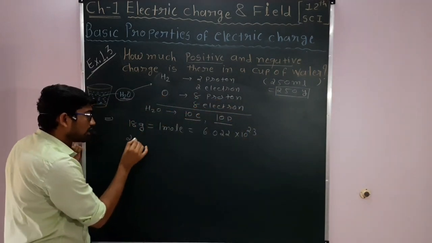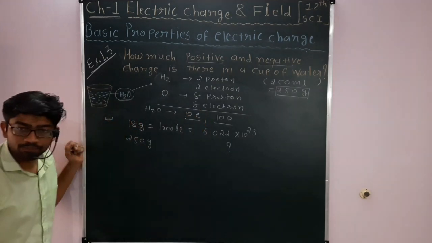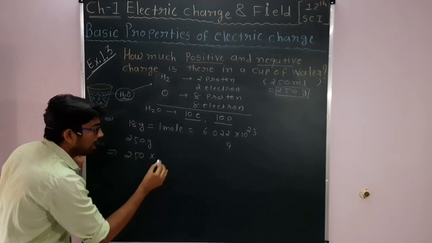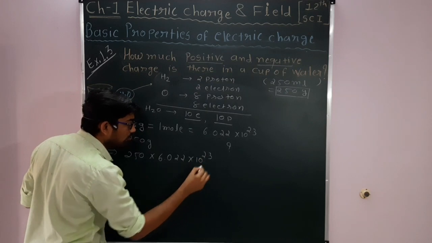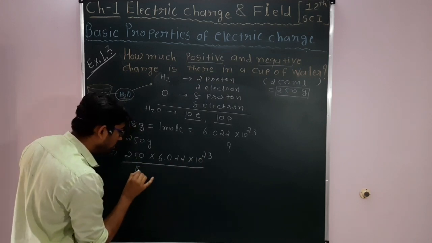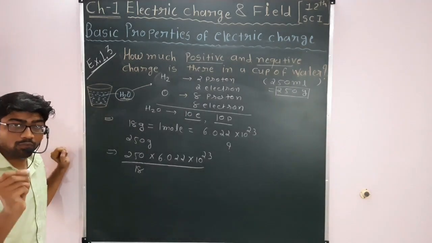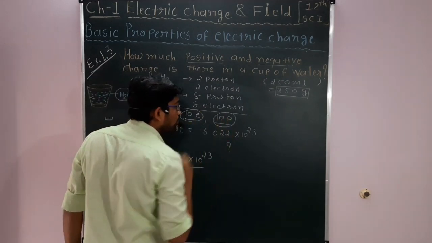So in 250 gram, how many molecules are present? 250 multiplied by 6.022 times 10 to the power 23, divided by 18. This many molecules are present in the water, and each molecule contains 10 electrons and 10 protons.